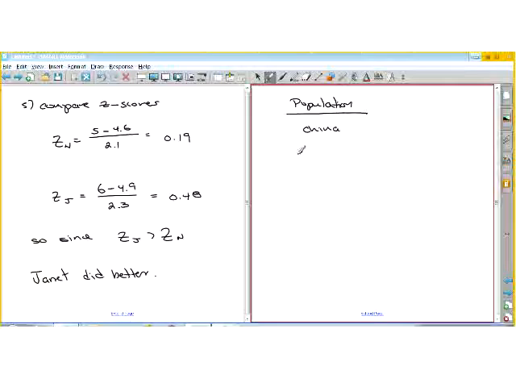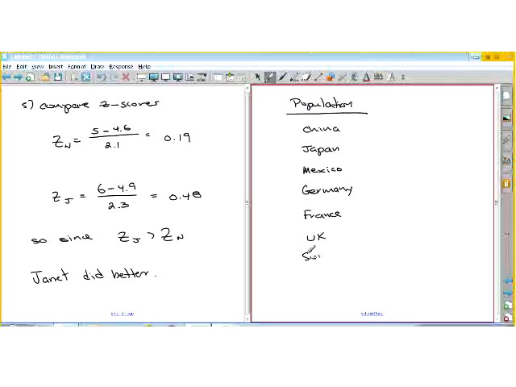So China has the largest population. Next is Japan. Next is Mexico. So I'm looking at the second column. Okay, next is Germany, France, UK.